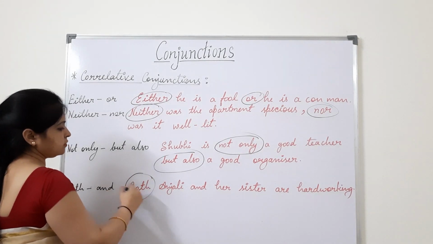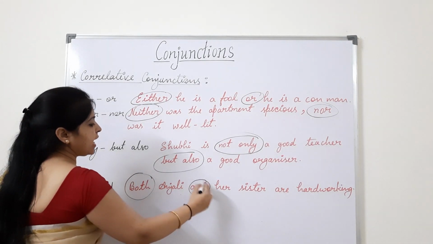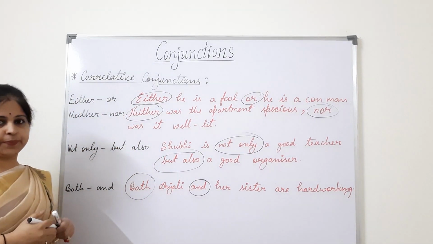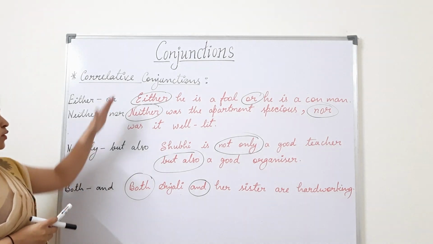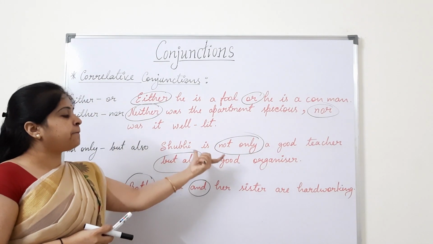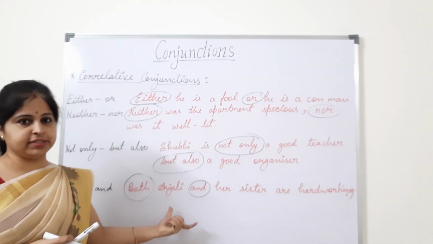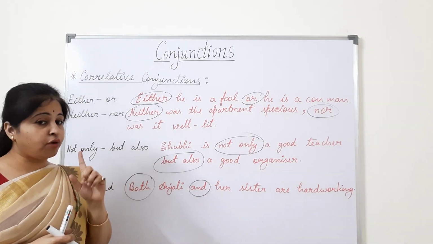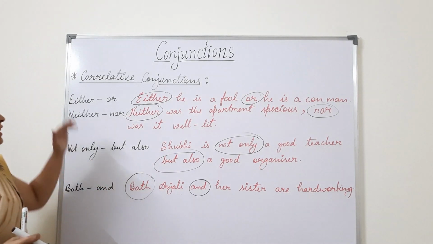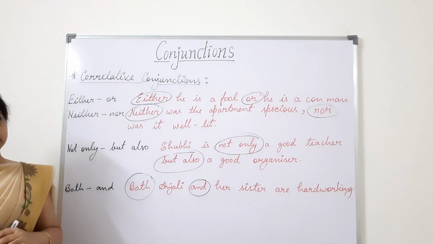"Both Anjali and her sister are hardworking." What is common in all these examples? You are finding a pair of conjunctions, right? A pair of conjunctions, not a group of conjunctions. Okay, so they are correlative conjunctions.